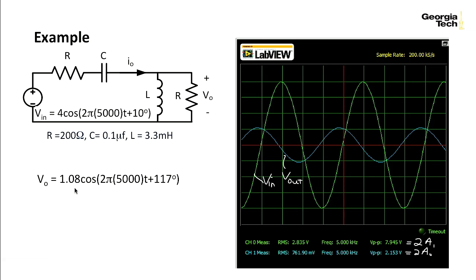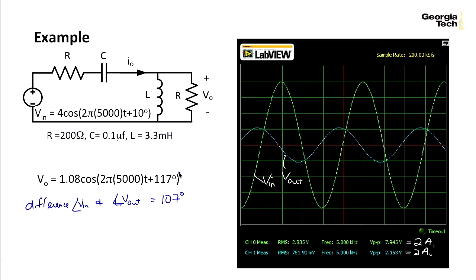Now let's check our angle right here. The angle is supposed to be 10 for the original signal and 117 for the output signal. The difference between V in and V out is 107 degrees.